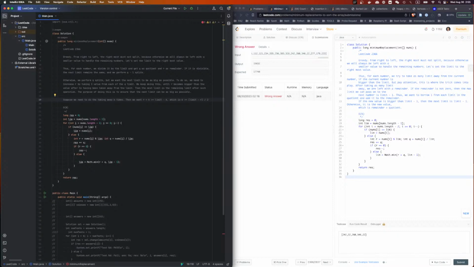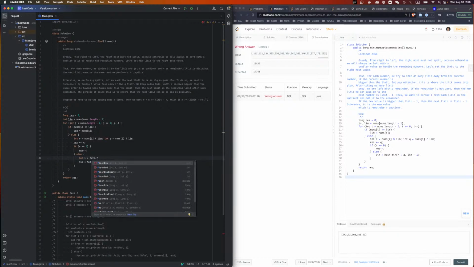If it's not divisible, that means we need to take this, so maybe we can say int k shall equal to math.floor. No, I think ceiling.